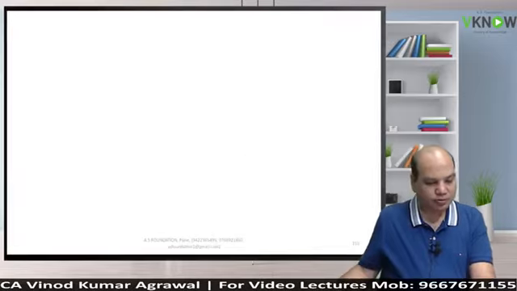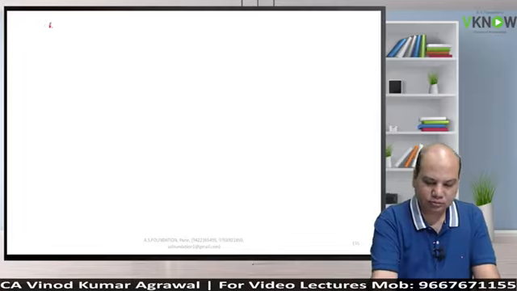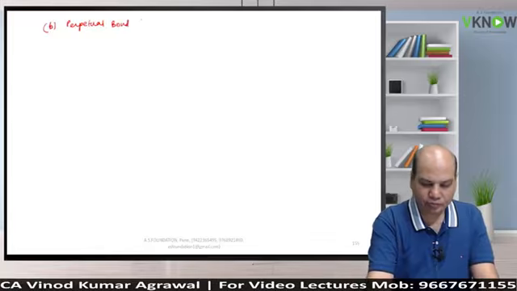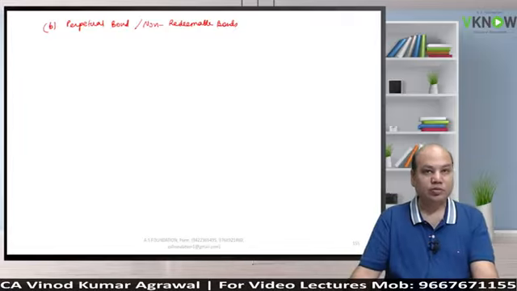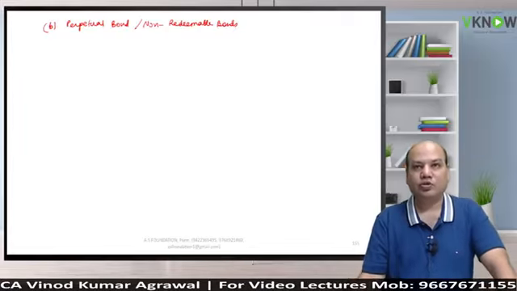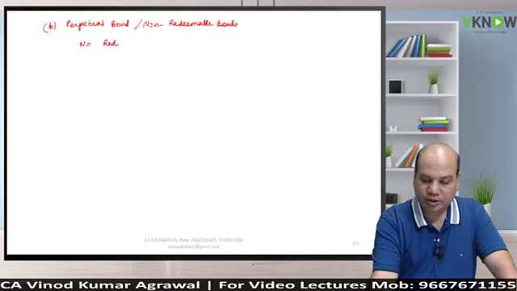So next, first we'll discuss this part B, perpetual bond or non-redeemable bond. Possible or not? Possible. What is perpetual bond? There is no redemption clause, no redemption date specified.